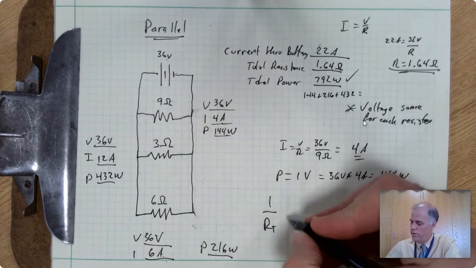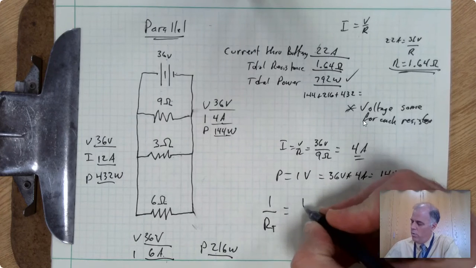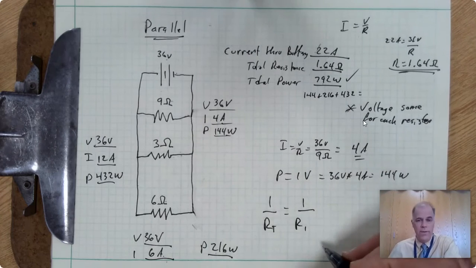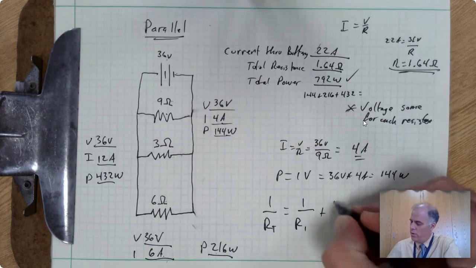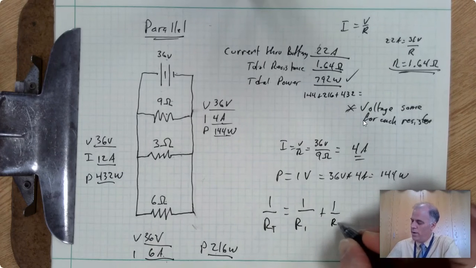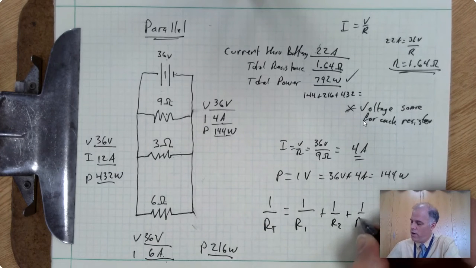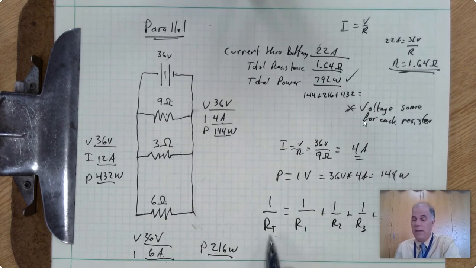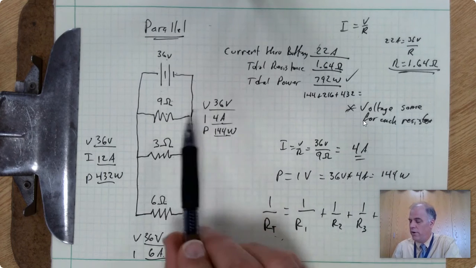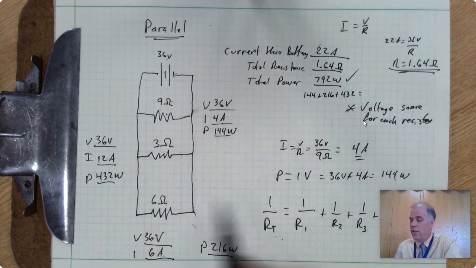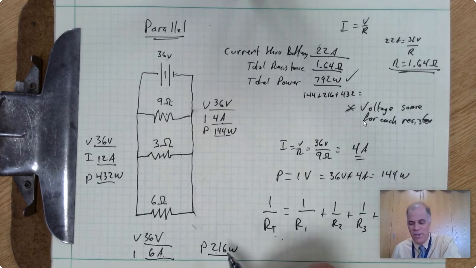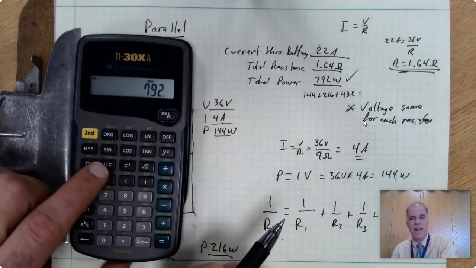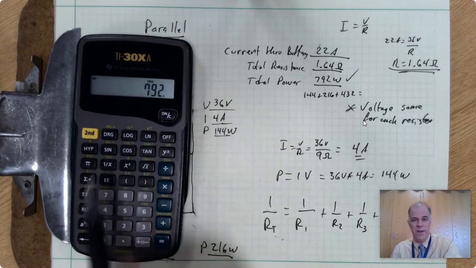So the inverse of the total resistance is equal to 1 over R1, plus 1 over R2, plus 1 over R3, and so on for as many resistors as you have in parallel. So to summarize, we are taking the inverse of each one of these and then adding them all together. And when we add them all up, we get the inverse of the total resistance. So we're going to be using our inverse key, our 1 over x key, or our x to the minus 1 key quite a bit here.